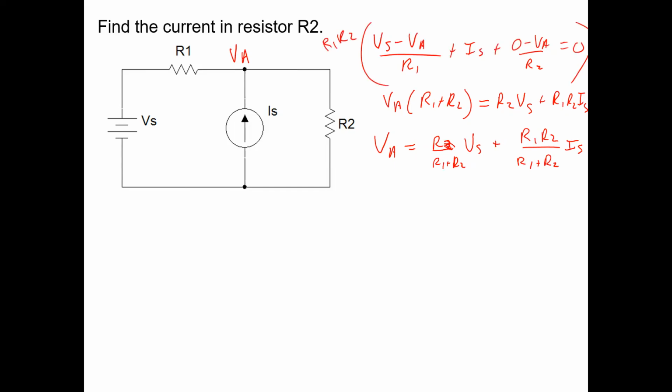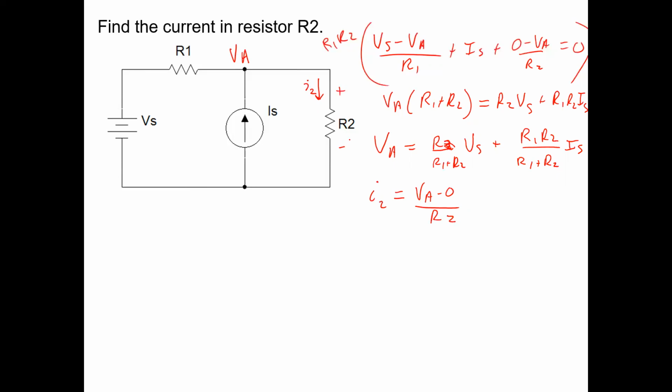And the solution to the problem, which is the current in the resistor R2, which we're going to call I2, is that I2 is going to equal Va minus 0, this node voltage, divided by R2.